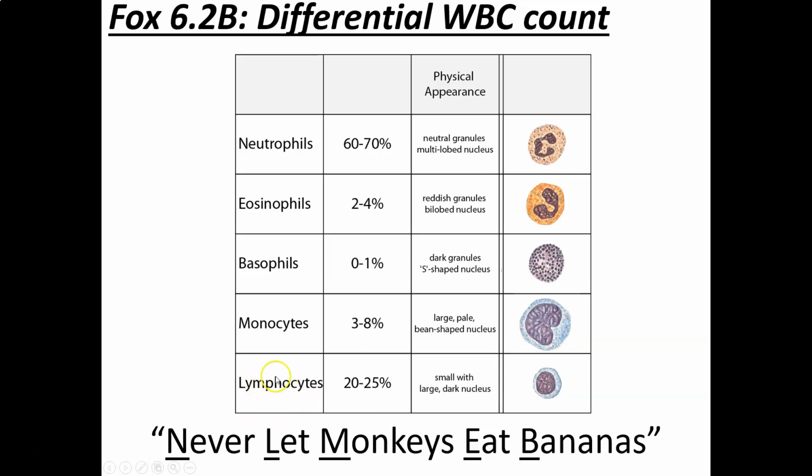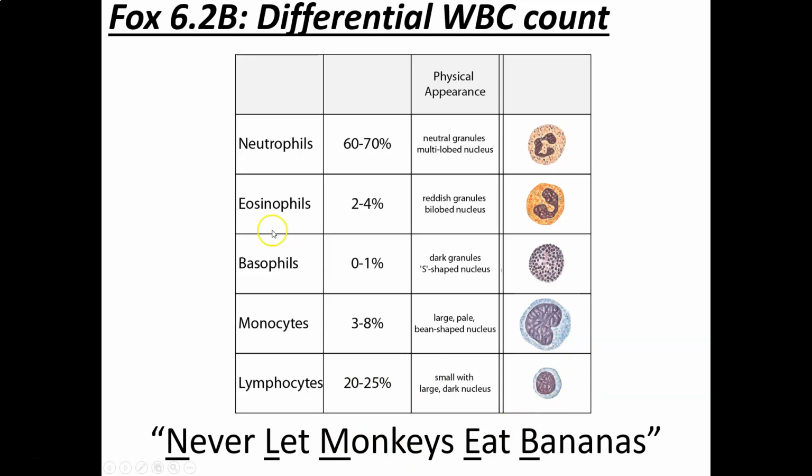And then the lymphocytes, about 20 to 25%. They're the smallest. So again, I think these three, all of the ones that end in "phil" are about the size of a nickel. The quarter size is the monocyte, and the dime size is the lymphocyte. So lymphocytes are the smallest ones. They tend to have a darker staining nucleus that takes up most of the cytoplasm typically.